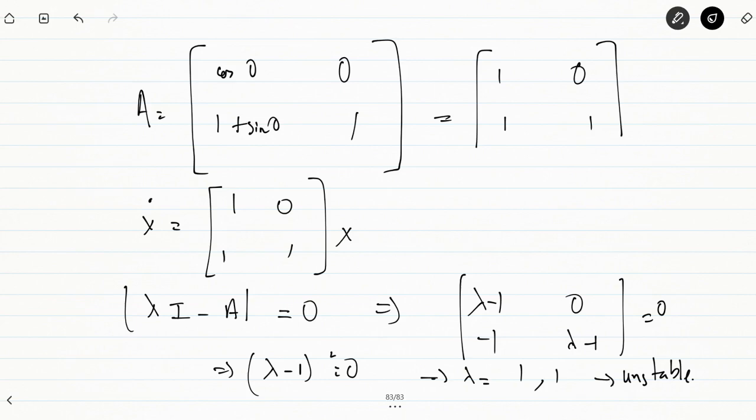In another case, what we have is the Lyapunov direct method. The Lyapunov direct method is the more general of the two. It's a powerful tool that can be used for analyzing the stability of nonlinear systems.